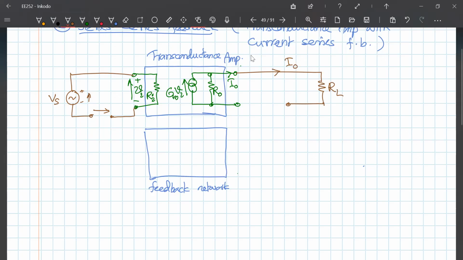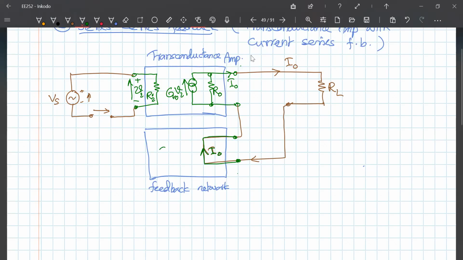So I need to sample the current in series. The same current has to go through this. This is the current I out, and the output of this has to be a voltage.